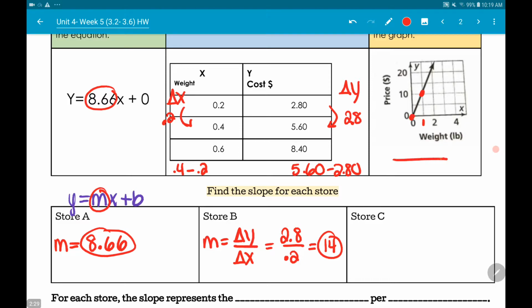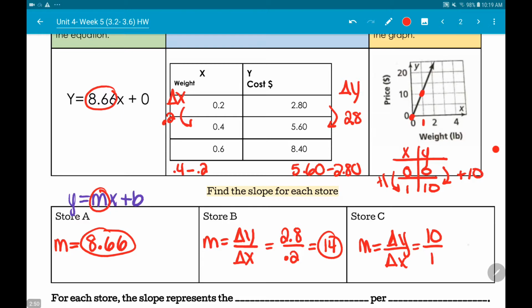Let's say our points are 0, 0, and then 1, 10. All right, so that means my slope is change in y over change in x. So my change in y is 10 divided by my change in x is 1. So when I divide that, I get 10.